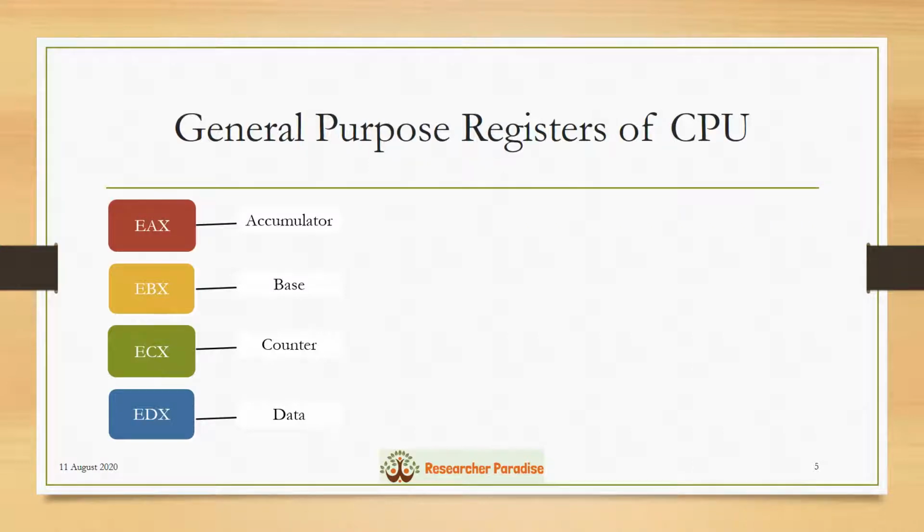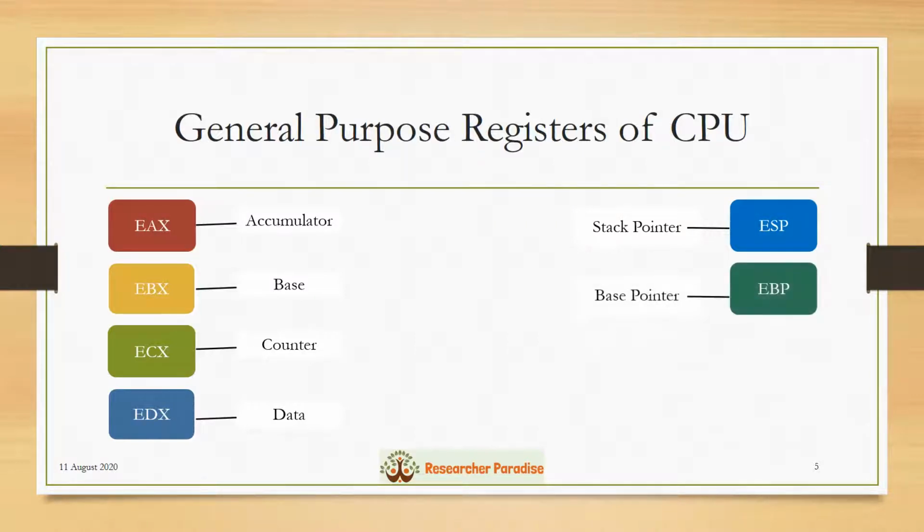Fourth, the EDX, which is an extension of EAX and allows storing of data for more complex math operations such as multiply and divide. Next comes the stack pointer, as we have already known, which points to the topmost element of the stack. EBP, the base pointer, stores the base of the current stack when a subroutine is entered, and it is required by the computer to store the previous point where it has to return after executing the function or the subroutine.